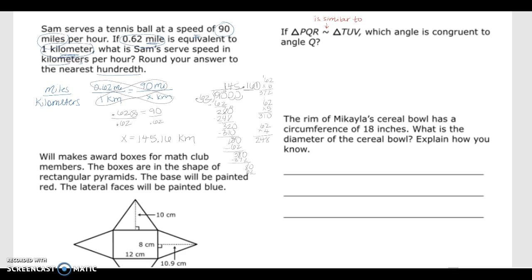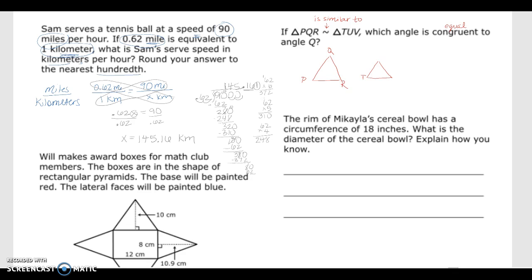Which angle is congruent, meaning which angle is equal to angle Q? So really you don't even have to draw anything. It's saying that you have 2 triangles, and one is PQR and the other one is T.